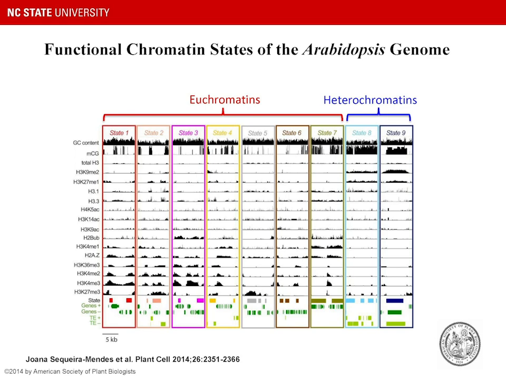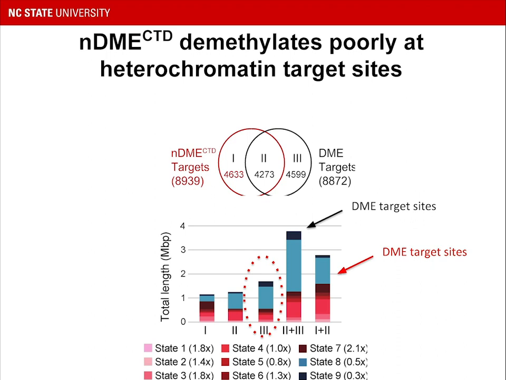Okay, so now we look at this region number 3 that got missed by the C-terminal enzyme. You can see that it is very enriched for the heterochromatin states number 8 and number 9. The C-terminal also has its ectopic sites, and region 1 is very enriched for the euchromatic features.